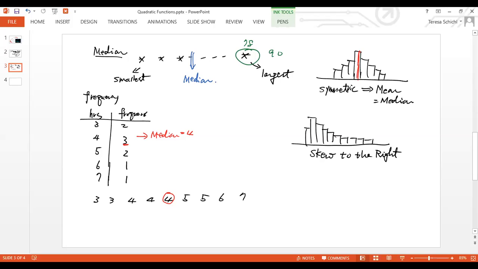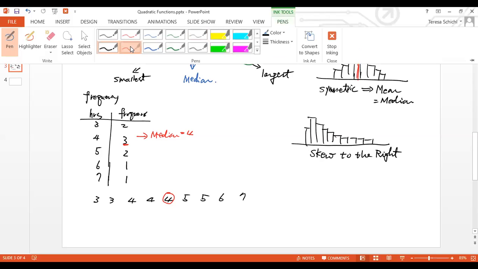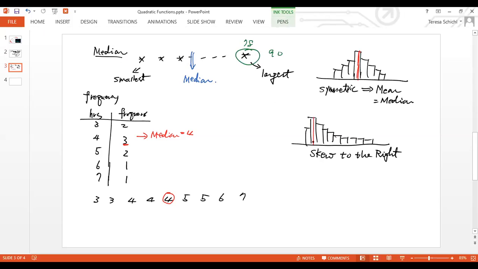If it is skewed to the right, then your median will be in here and your mean will be in here. For skew to the right, the mean will typically be greater than the median because you have those large values at the tail, which exaggerate or inflate your mean here, right?